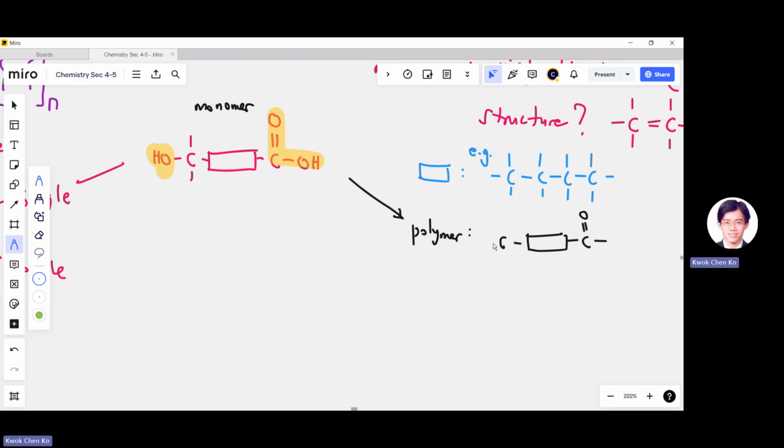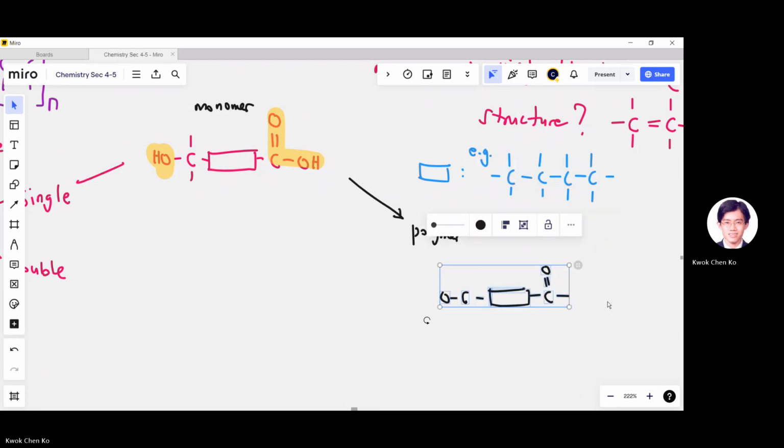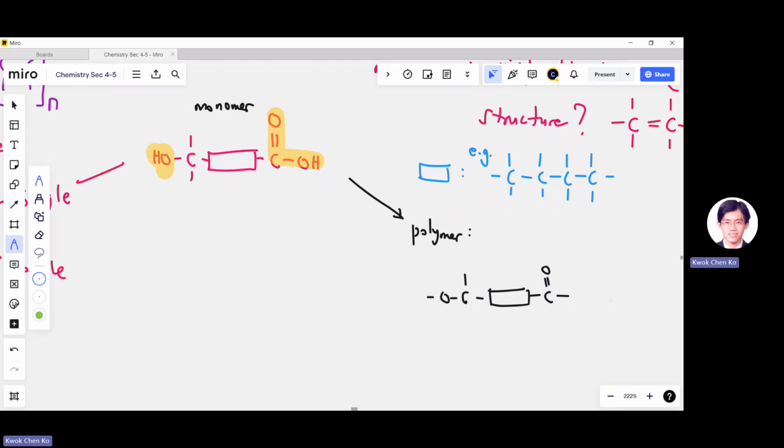This is the tricky part. This is the correct answer.